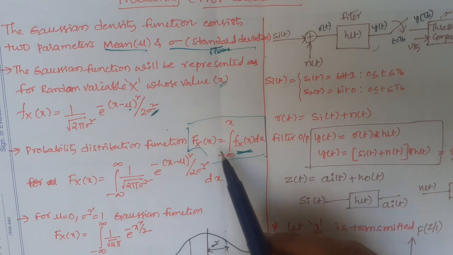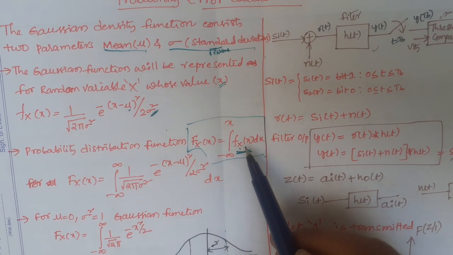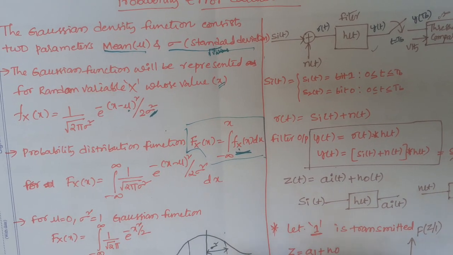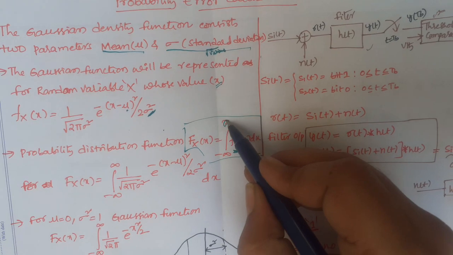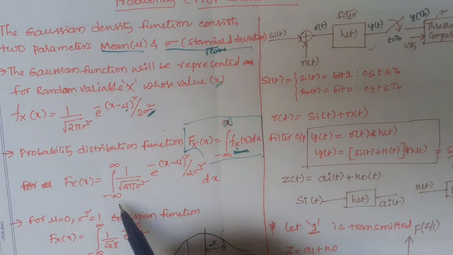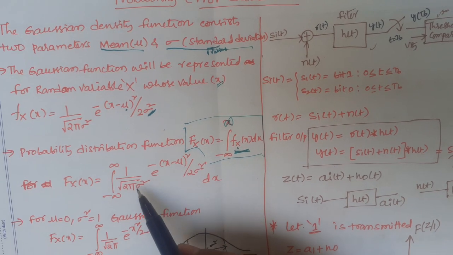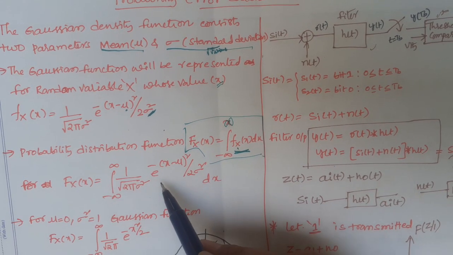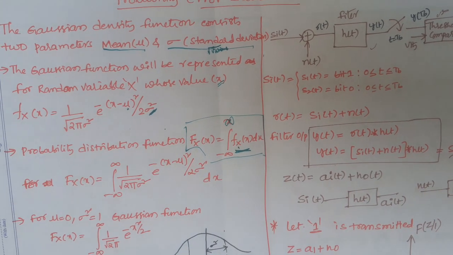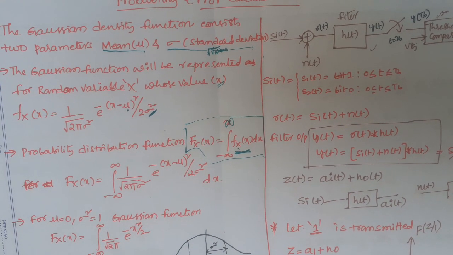By substituting the value of f_X(x) here, we get the integral from minus infinity to x of 1 by square root of 2 pi sigma square, e power minus (x minus mu) whole square by 2 sigma square.